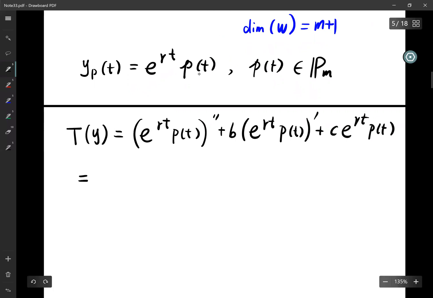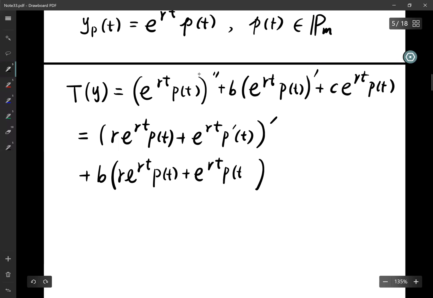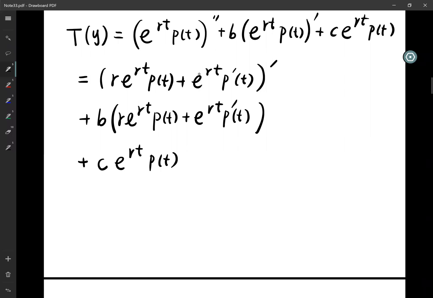This one just means I take a first order derivative, and this is r e^{rt}p(t) plus e^{rt}p'(t). So that's the first term. But there's a prime here because I only took the first order derivative. Now b inside is the same thing. Let me copy it down. And then I have the c term. I just copy it down. So this one has been computed.